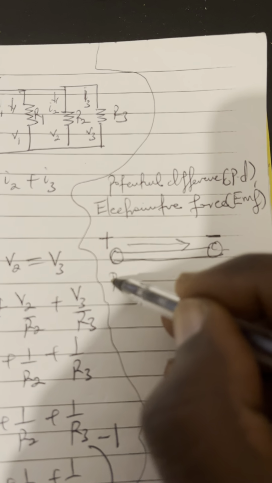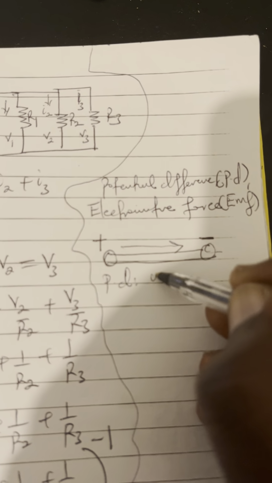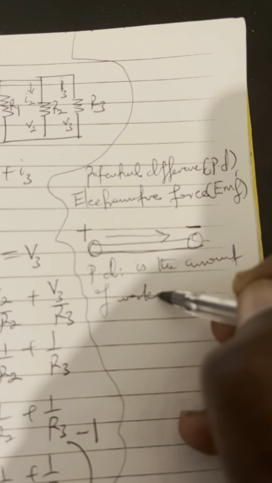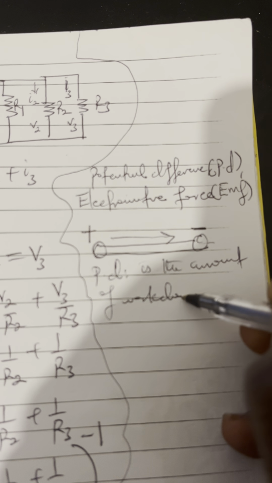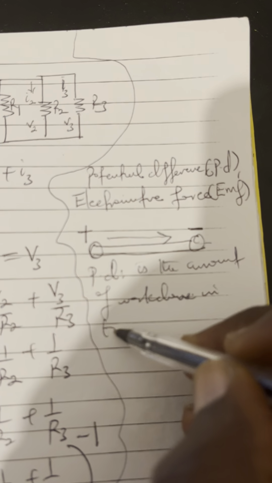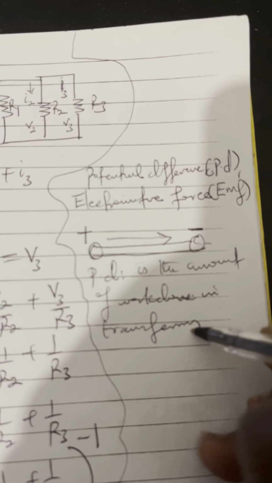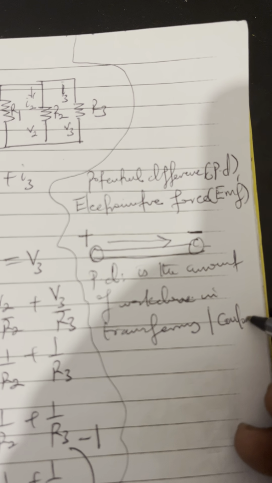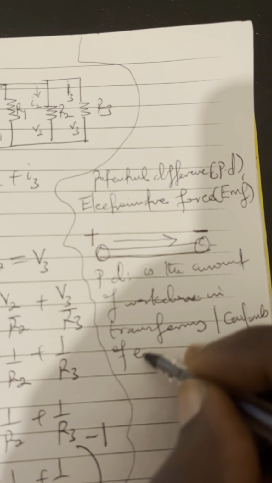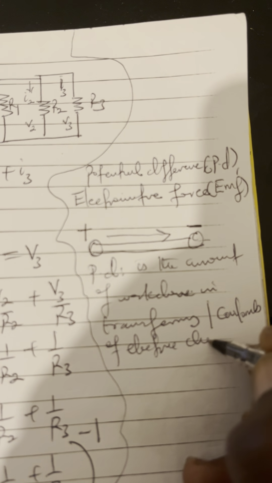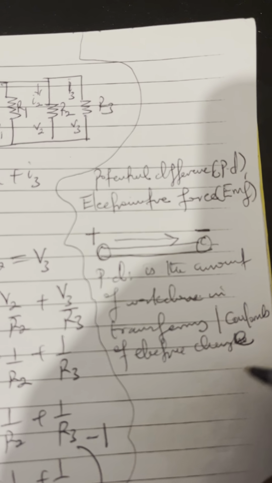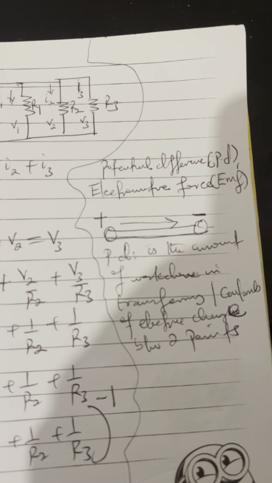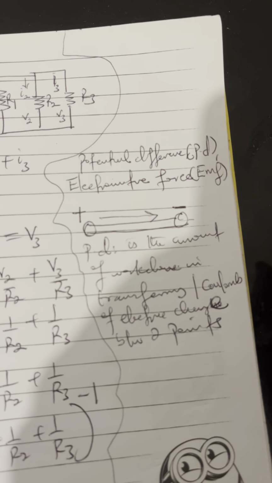So potential difference, which is PD, is the amount of work done in transferring 1 coulomb of electric charge between 2 points.